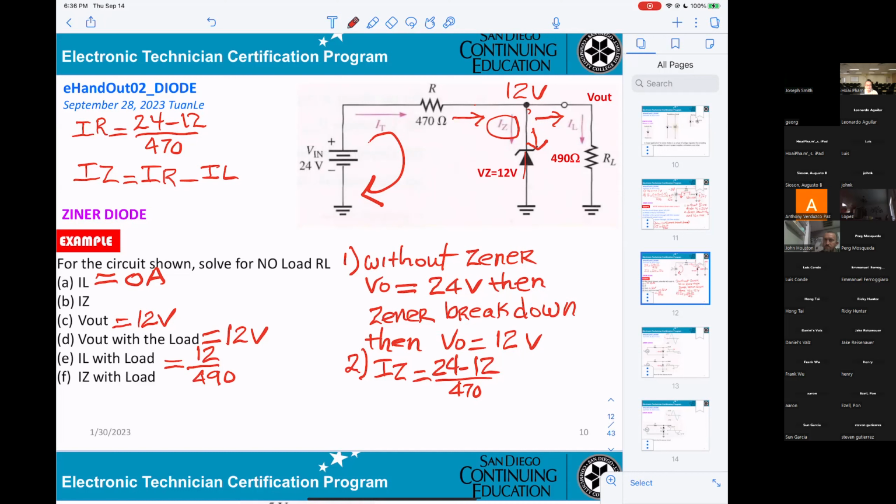That's why you can see number E with load, F with the load. So it would be the 12 volts over 470 minus the 12 volts over 490. Okay, got it, thank you.